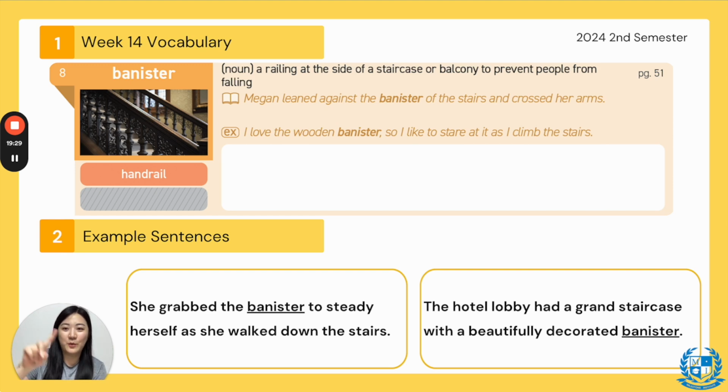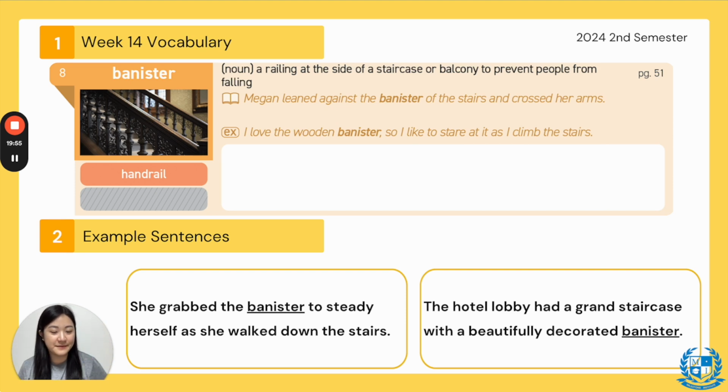Let's read the next one. 1, 2, 3. I love the wooden banister, so I like to stare at it as I climb the stairs. Maybe it's really pretty. The one in the picture is. Over here, it says, she grabbed the banister to steady herself as she walked down the stairs. So maybe she's a bit clumsy and she doesn't want to fall, so she holds the banister as she goes down the stairs.